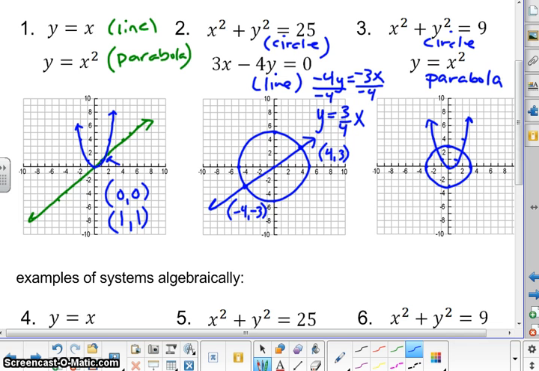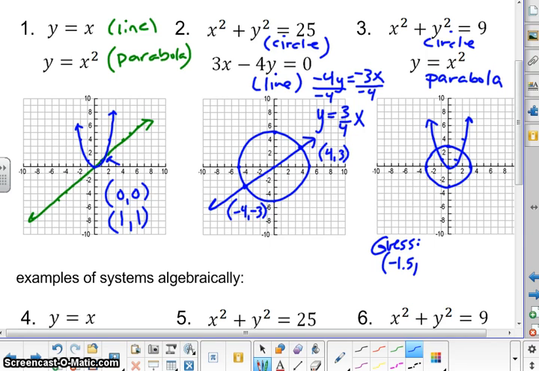It's hard to tell where they exactly meet, and they should be symmetrical, and mine do not look symmetrical. So let's just make a guess right now, and then we'll go to the algebraic method, and we can see exactly what it's going to be. So our guess, make sure you make a note to yourself that we are just guessing here. It looks like it's over at negative like 1.5.